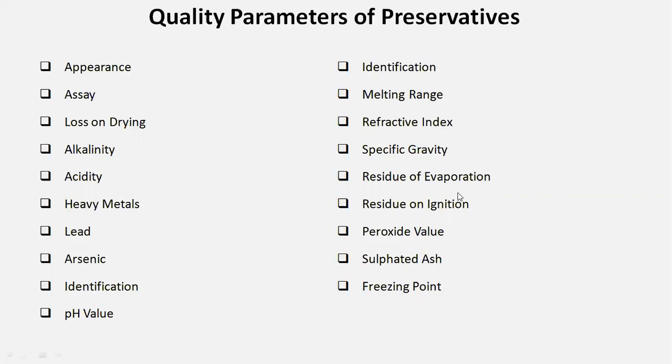Residue of evaporation, residue on ignition, peroxide value, determination of sulfated ash, and determination of freezing point. So these are all the quality parameters that need to be quantified or employed for ascertaining the quality of preservatives.